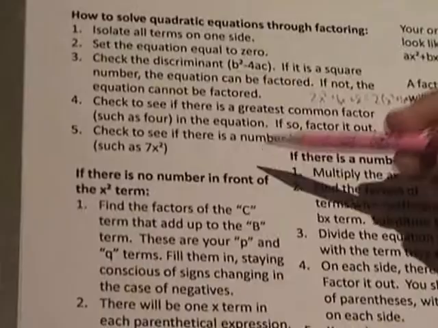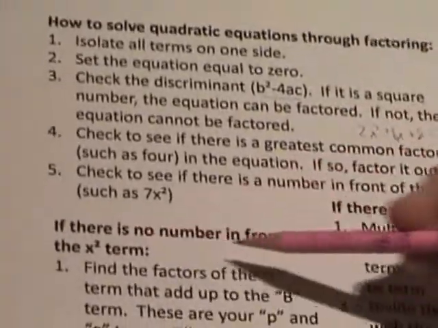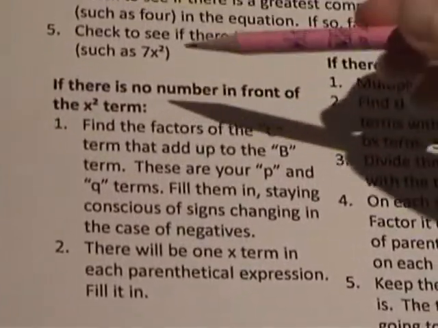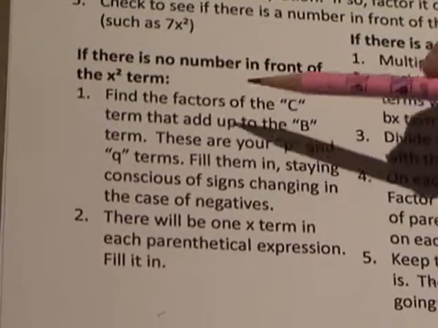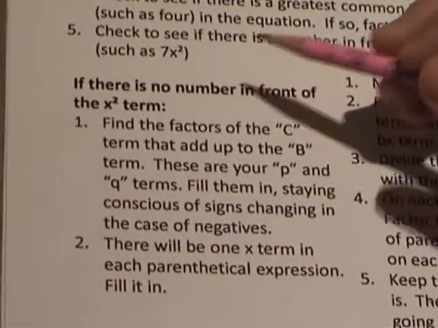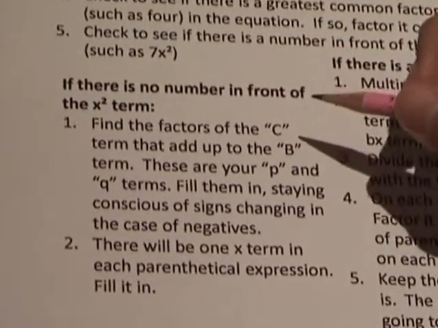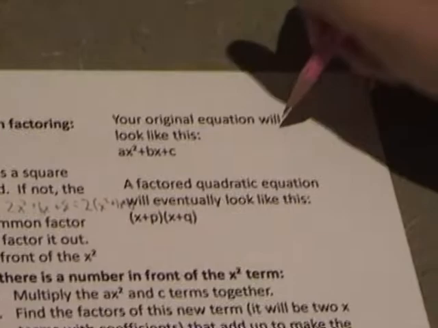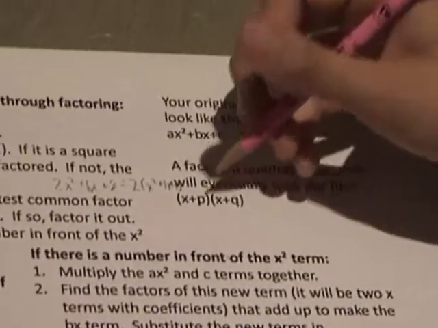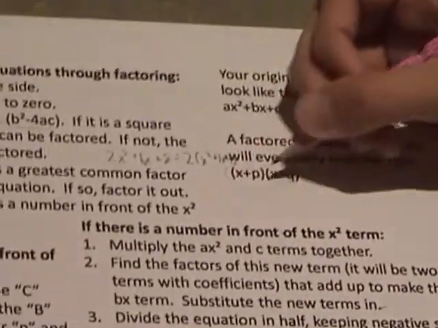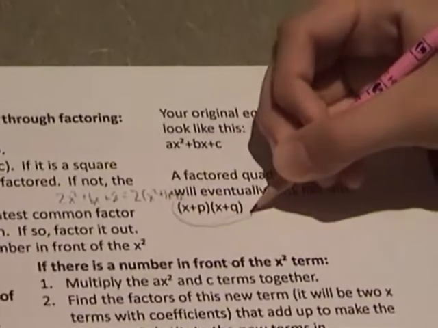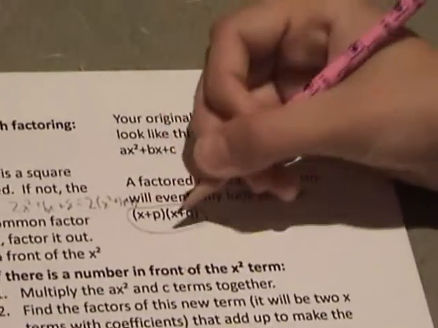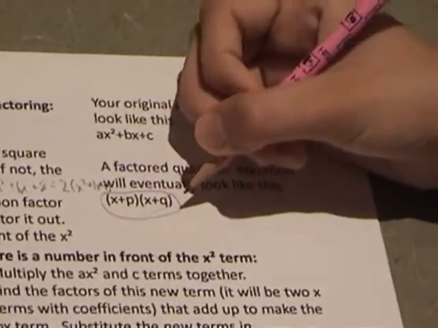This is where your directions will split. If there is no number in front of the x squared, find the factors of your c term that add up to your b term. Remember, your original quadratic equation will look like this. Now your factored quadratic equation is going to look like this: x plus p times x plus q.